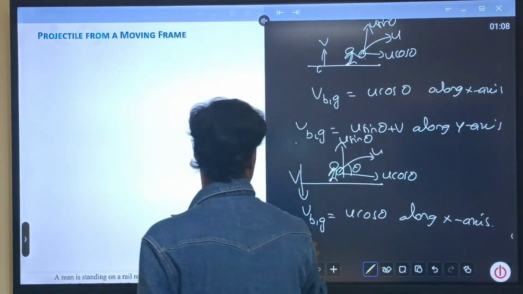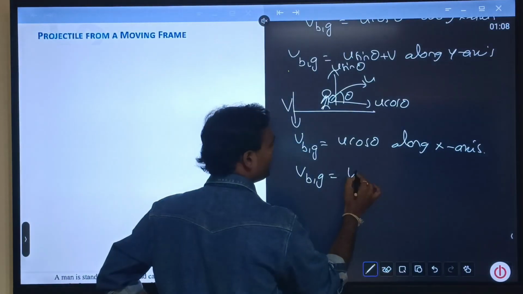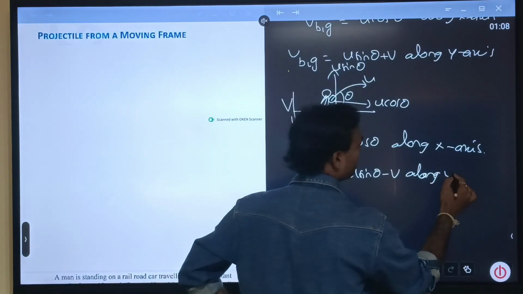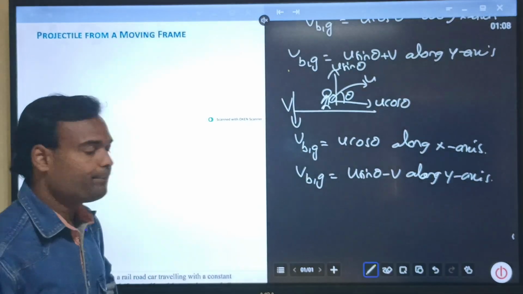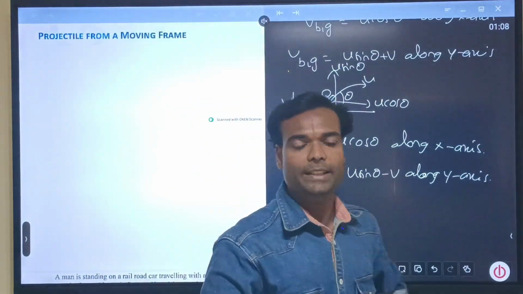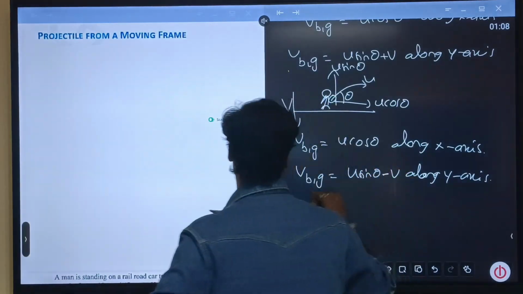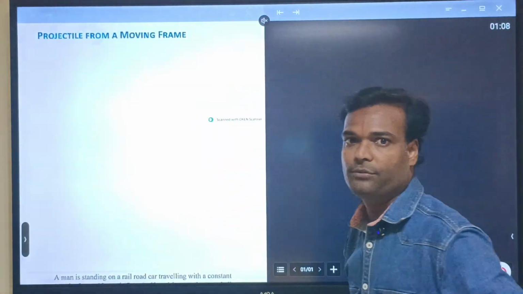Velocity of ball with respect to ground is u sin theta minus v along the y-axis. Is it clear? Because the direction in which he is throwing we are considering as positive, and obviously trolley moving downward is represented with the negative sign. And this is the concept of projectile from a moving frame.